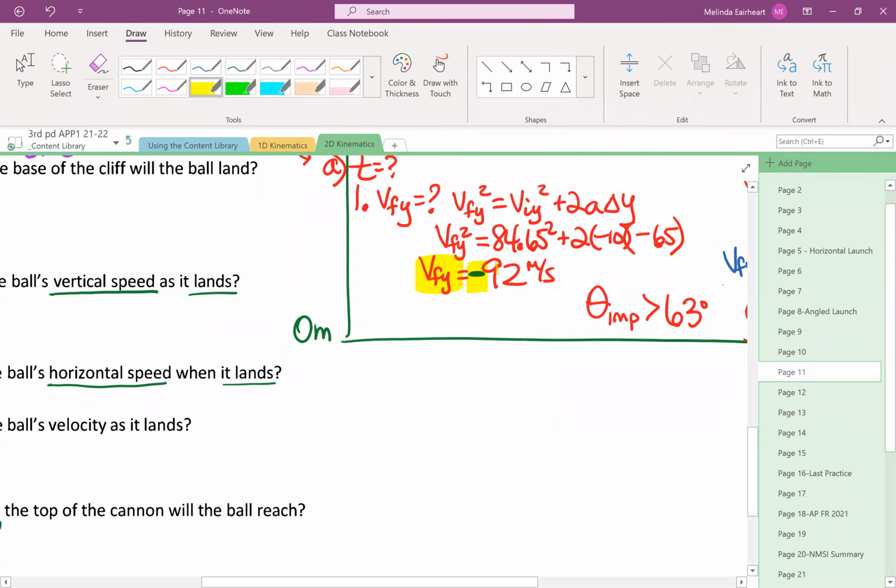And you're like, what's the big deal? It's actually in the next equation. It makes a big difference. So remember our 2-step workaround. Step 1, find the final vertical velocity, third equation. Step 2 is to find time with the first equation.